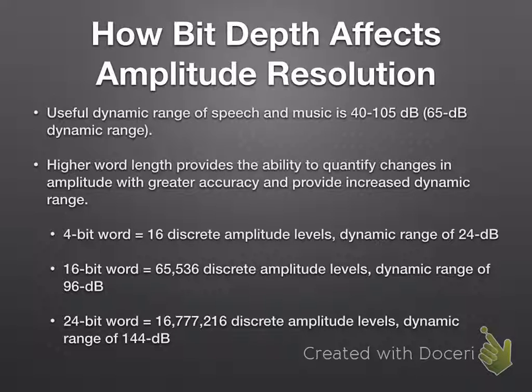Now you can see jumping up to 16-bit gives us a dramatic increase in the discrete amplitude levels, up to 65,536, and that gives us a significant increase in the dynamic range of 96 dB. Professionals often record at 24-bit, and that gives us another dramatic increase up to 16 million discrete amplitude levels and a higher dynamic range of 144 dB.